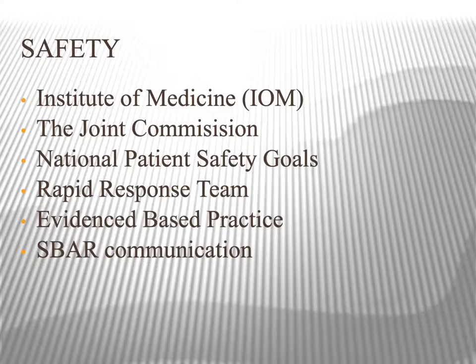When they come in and do their survey of an organization, they have certain things that they focus on. Those are the National Patient Safety Goals. In the past few years, it's been a lot about falls, what we're doing for fall prevention. Also, anticoagulation. When we put a patient on a medication that makes their blood thin, we need to be doing proper education and proper monitoring of those patients.